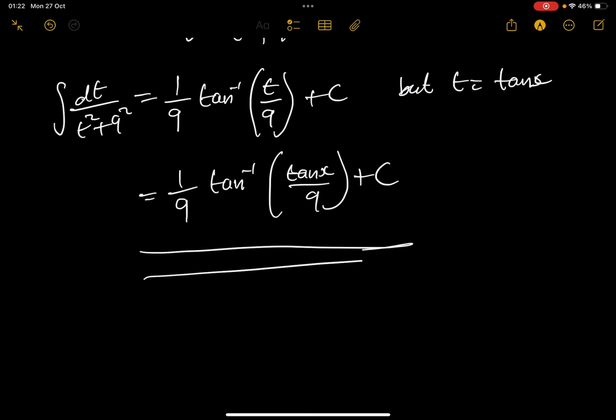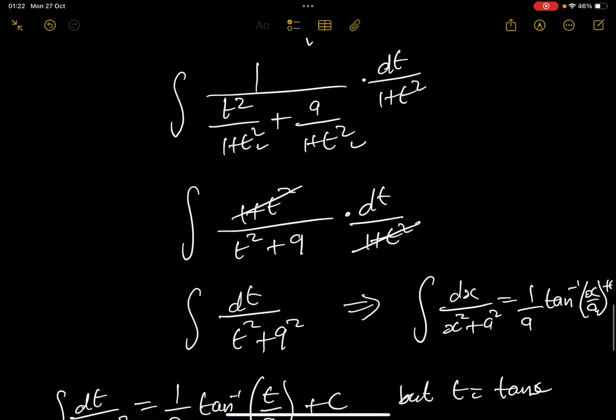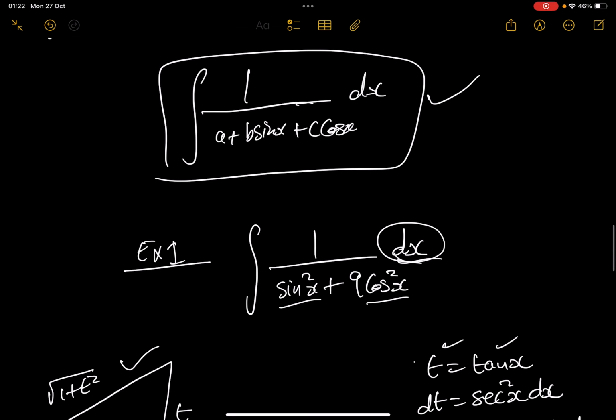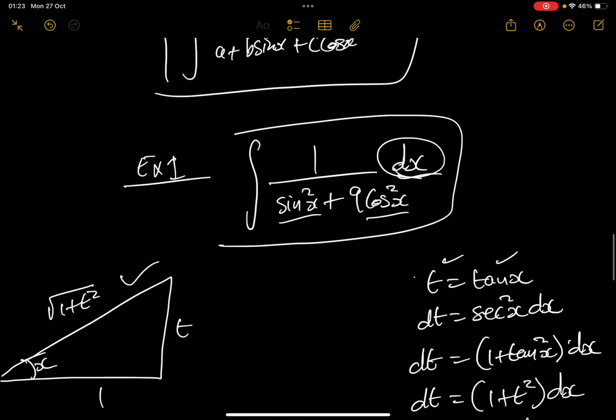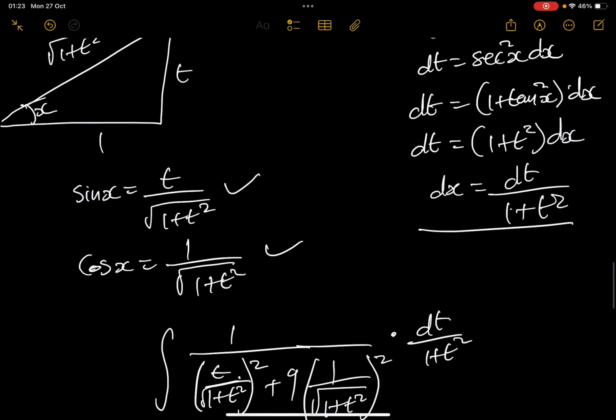So this is the answer for this problem. So this is how you apply the integration techniques. You just need to know the procedure, how to evaluate integrals like this one. This is the simplest procedure.